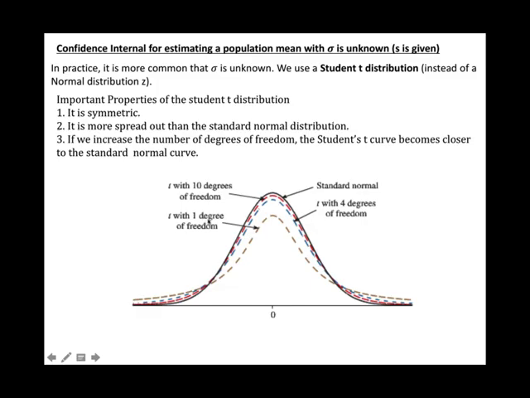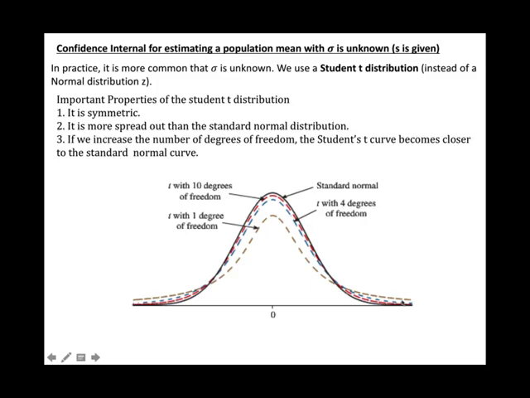If we increase the degree of freedom to 4, the blue one here, it gets closer to the standard normal. If we keep increasing the degree of freedom to 10, that would be the red one, really close to the standard normal distribution.